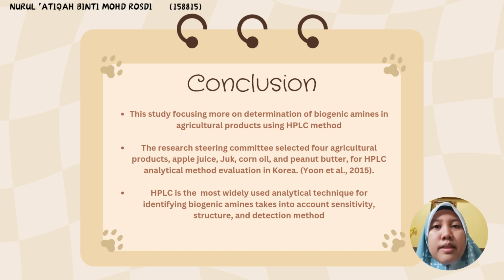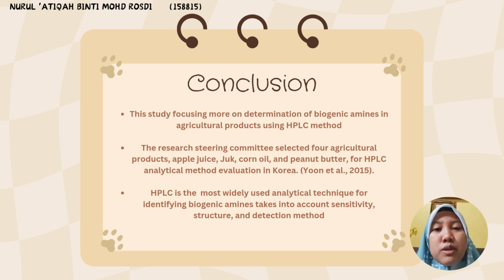In summary, the biogenic amines content in various food has been widely studied because of their potential of toxicity. For example, histamine, tyramine, tryptamine, spermine, and spermidine are the most significant biogenic amines. In this study, we are focusing more on determination of biogenic amines in agriculture products using HPLC method.